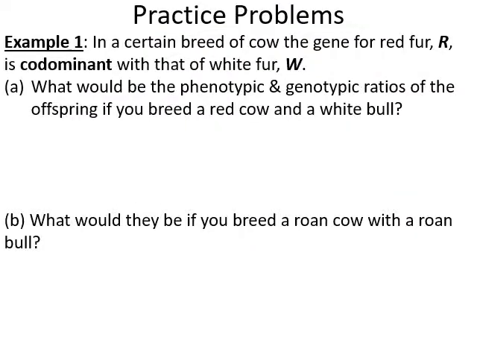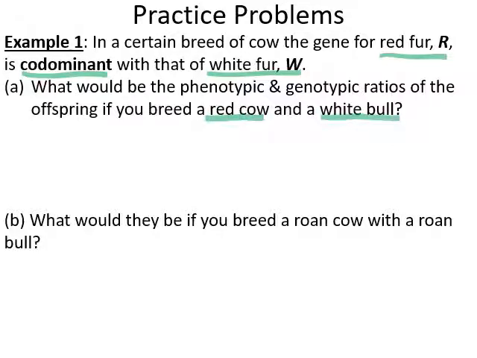All right, let's try some practice problems. So, first one, we've got a cow and it has red fur, and so we're going to use an R for that. It's codominant with white fur as well. So, what are the phenotypic and genotypic ratios of the offspring if you breed a red cow with a white bull?